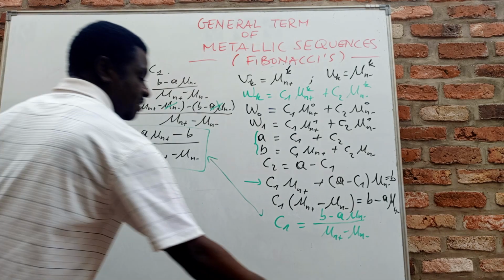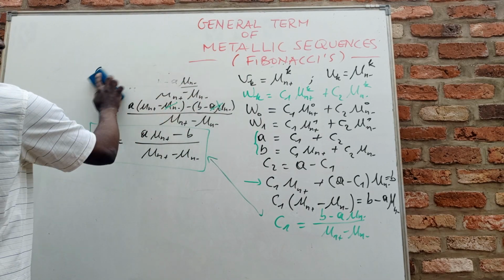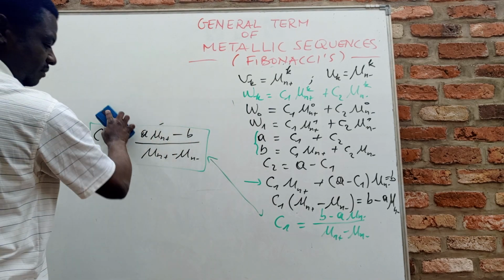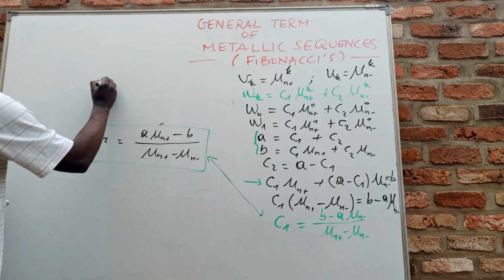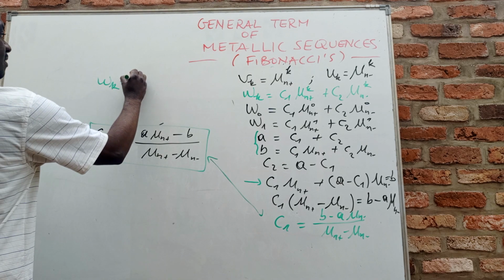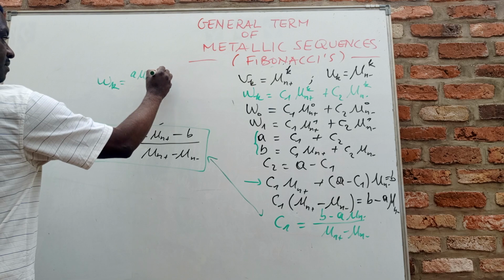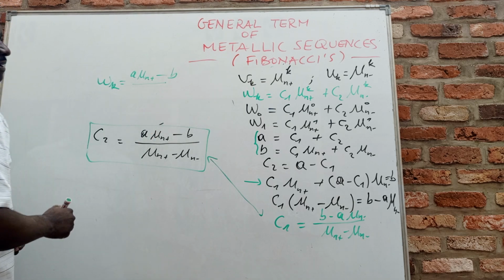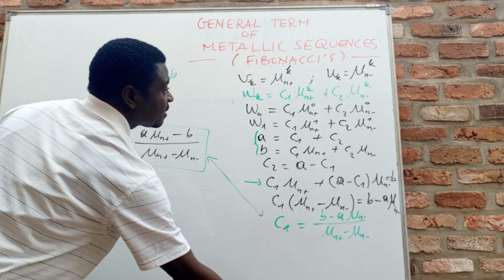That is the general form of a metallic sequence, which can be written in this case as the general term, where C1 is B minus A mu_n minus over R. So we need more space over here.